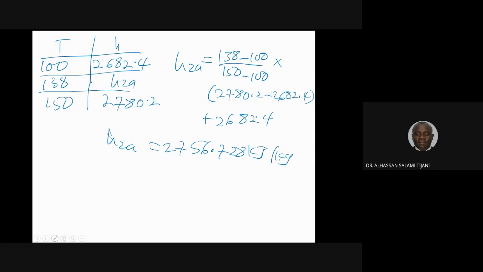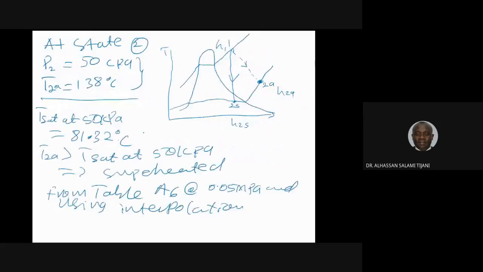Now we have to find the enthalpy also at state 2S. Knowing the entropy at state 1 will help us determine the enthalpy at state 2S, because we know S1 equals S2S. You understand?